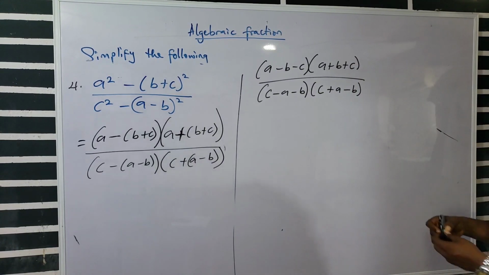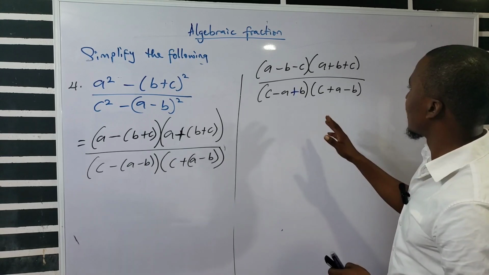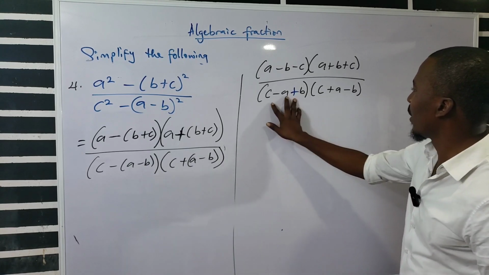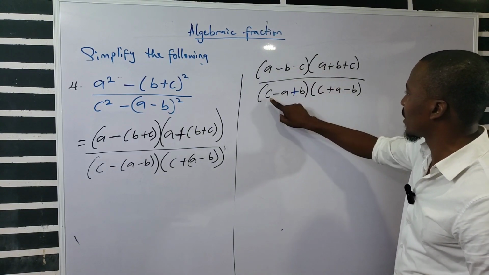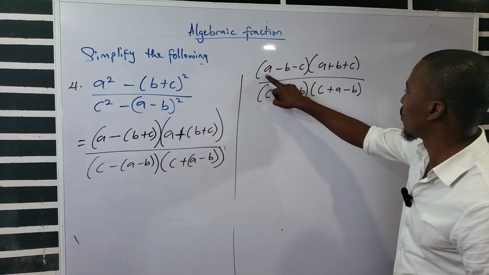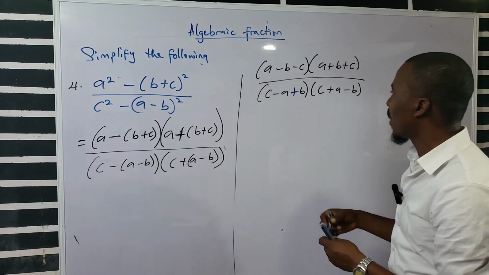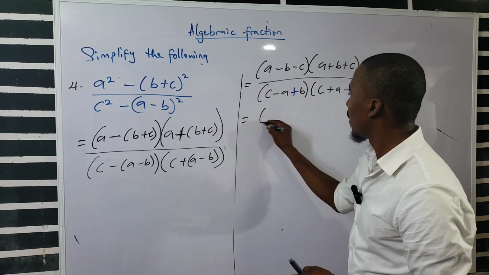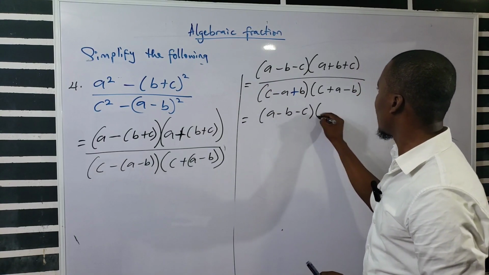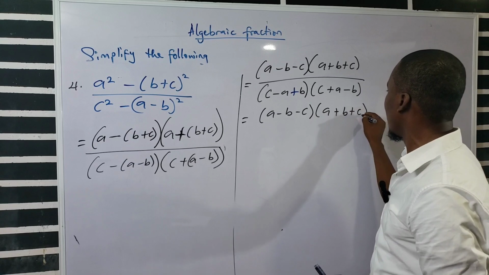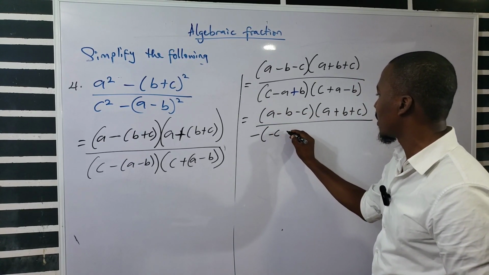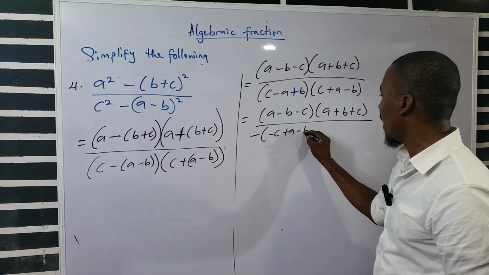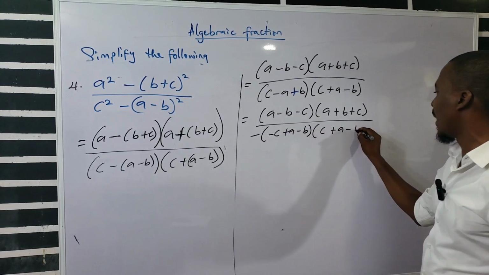Okay, now if you watch here, is there anything we can do? Let's see. With this now, I think if we change the sign, everything inside this bracket is going to look like this, because c will change to minus, a will change to plus, and b will change to minus. So how can we do that? A minus b minus c into a plus b plus c all over, bring out minus outside here, c will become minus, a will become plus, b will become minus, into c plus a minus b.